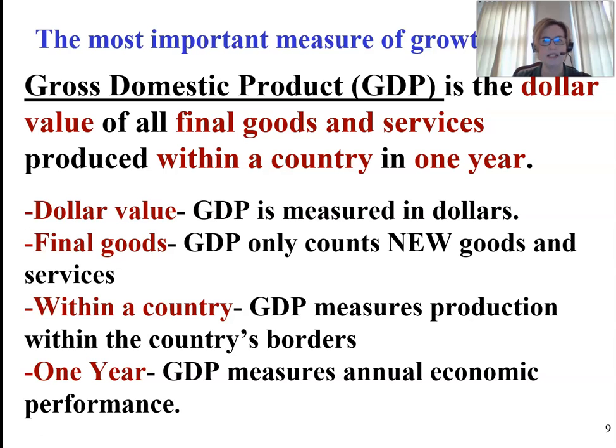And GDP is defined as the dollar value of all final goods and services that are produced within a country in 1 year. So the dollar value is GDP measured in dollars. Final goods: GDP only counts new goods. GDP measures production within a country's borders, and GDP measures annual economic performance.